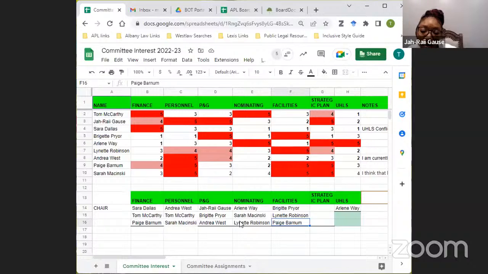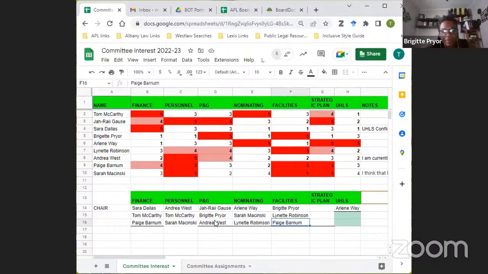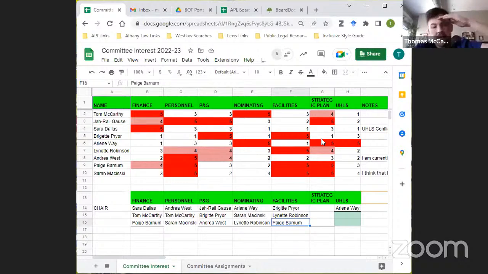For the committees involved, I think that would make sense. Then put strategic plan on Sarah Dallas, me, and who else? Arlene, but she's on the upper. Oh yeah. We should probably have one of the new trustees on the strategic plan too.